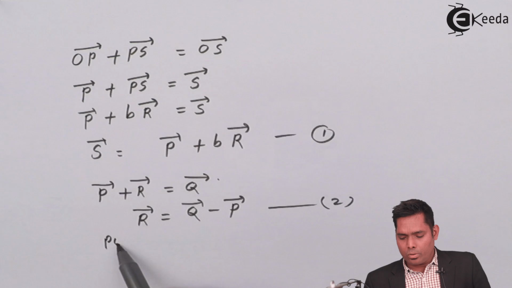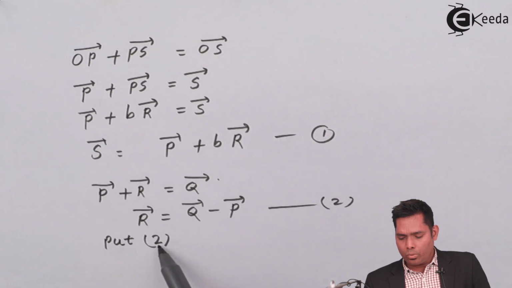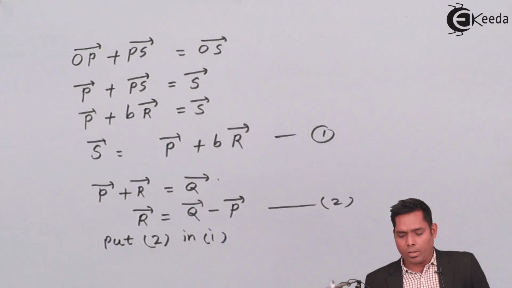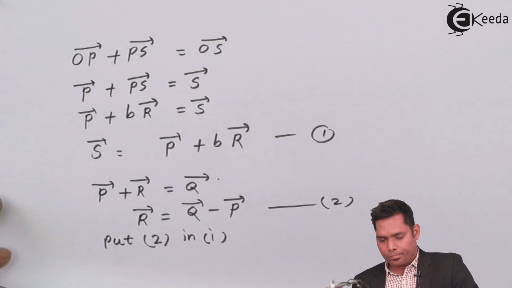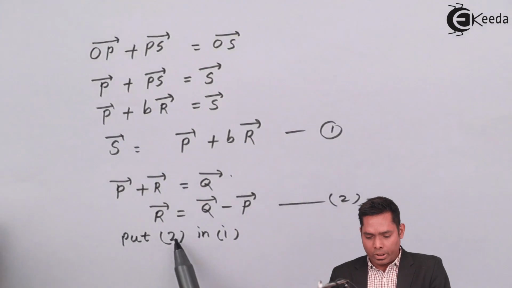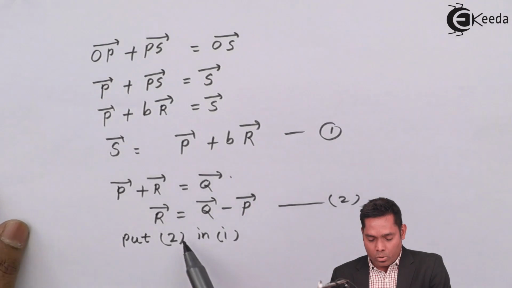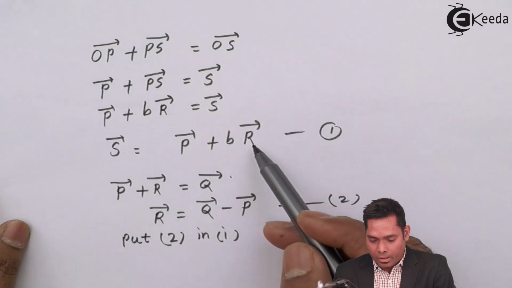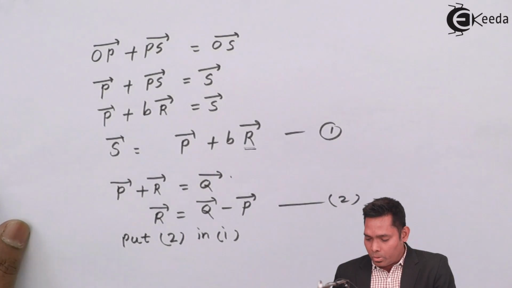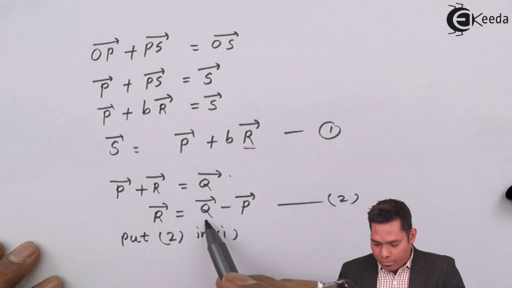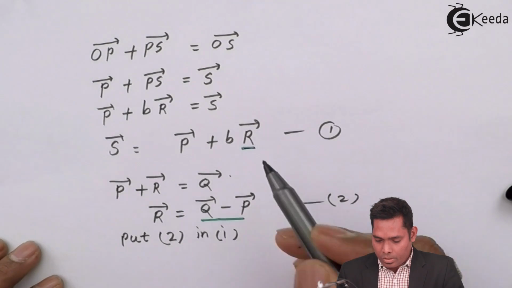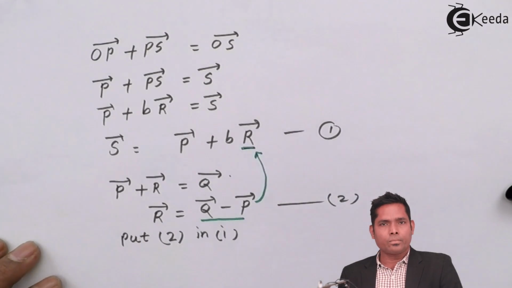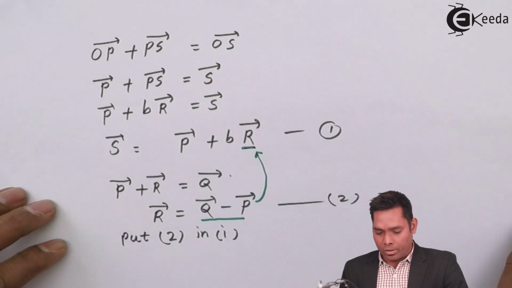So put 2 in 1. What will I get? Putting the value of 2 in 1, we are going to substitute this value Q minus P over here. This R is replaced by this value. Then we'll rewrite the equation.